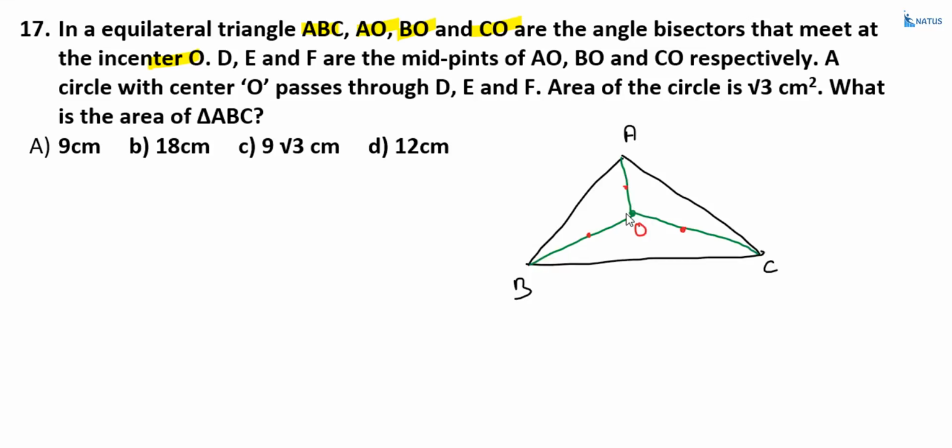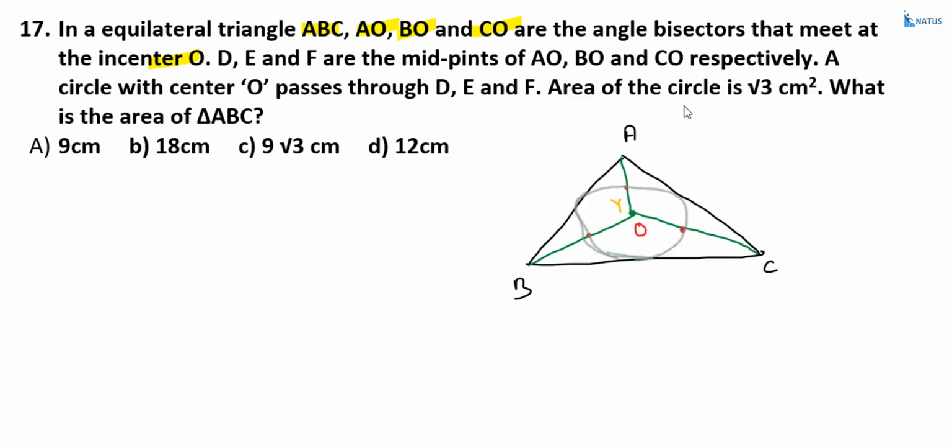Suppose this is the incenter, and next, what about the circle? The circle must touch all these three sides of the triangle. This is the incircle. And what about the radius? Radius is equal to R.